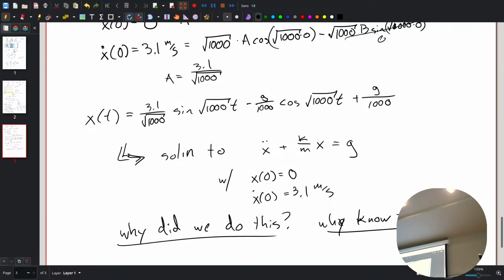Velocity? Okay, yeah, that's why I'm stopping here. Why would we want a solution to this?